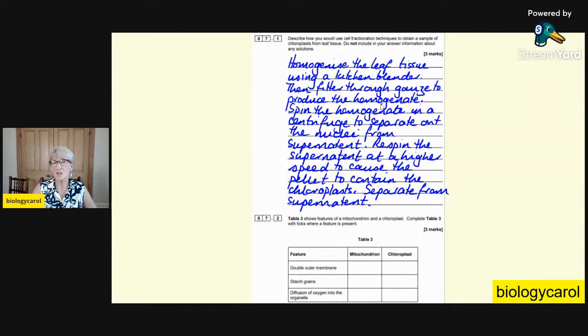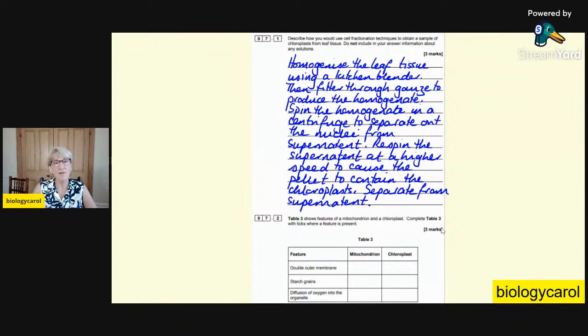Spin the homogenate in a centrifuge to separate out the nuclei from the supernatant. Notice I don't need to know any spin speeds, all right? But the standard answer is that the first spin takes out the nuclei, and then you respin the supernatant, the liquid on top of the pellet, at a higher speed to cause the pellet to contain the chloroplasts.